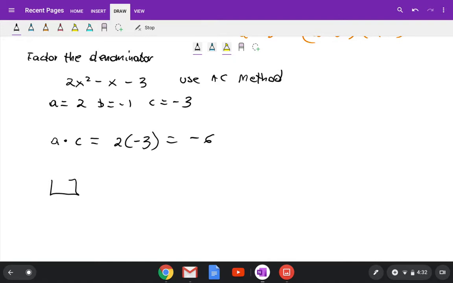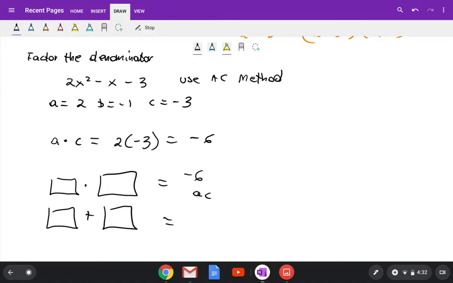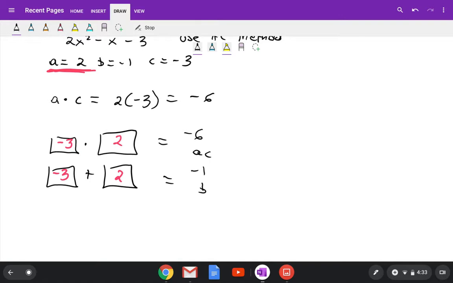Step 2, find two integers which by multiplication give you AC, which is negative 6, and the same two integers by addition give you B, which is negative 1. So what's going to work? Negative 3 and positive 2. Now, this is the case where you guys have to be careful when you're factoring because A is not equal to 1. Okay, so here you have to be careful.